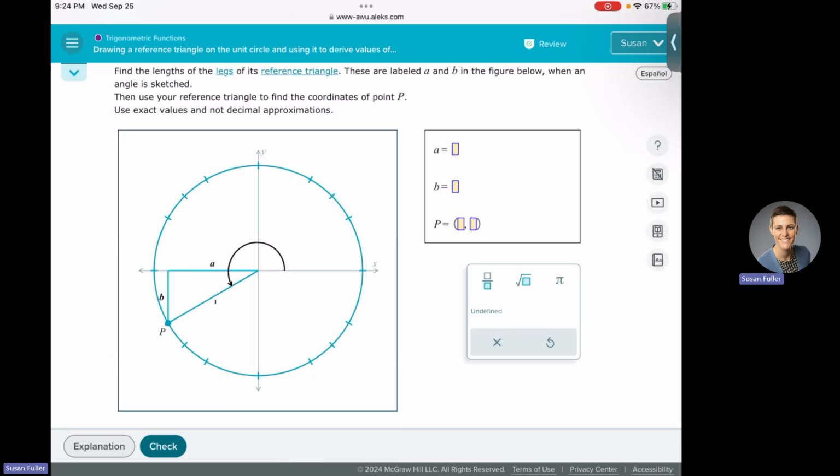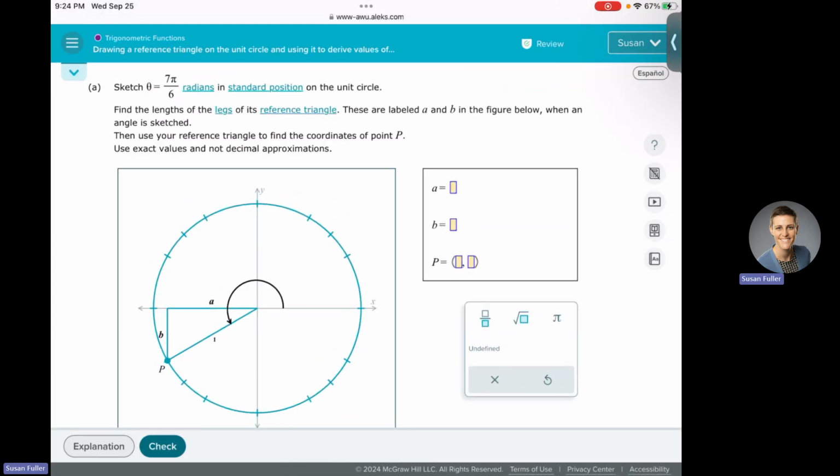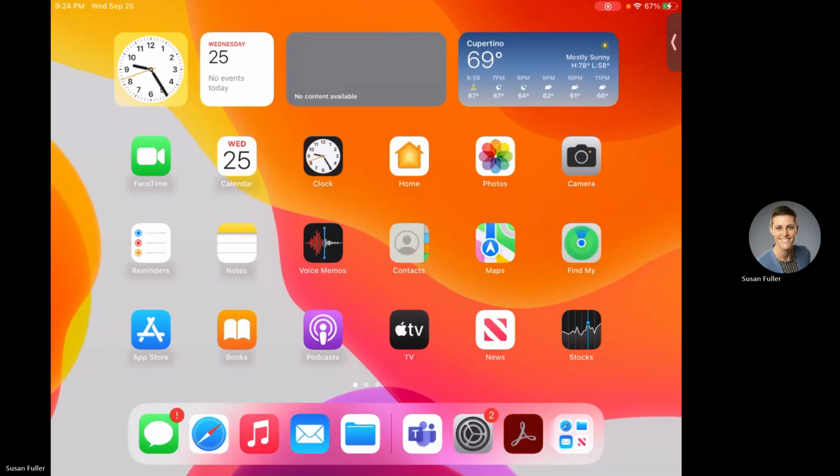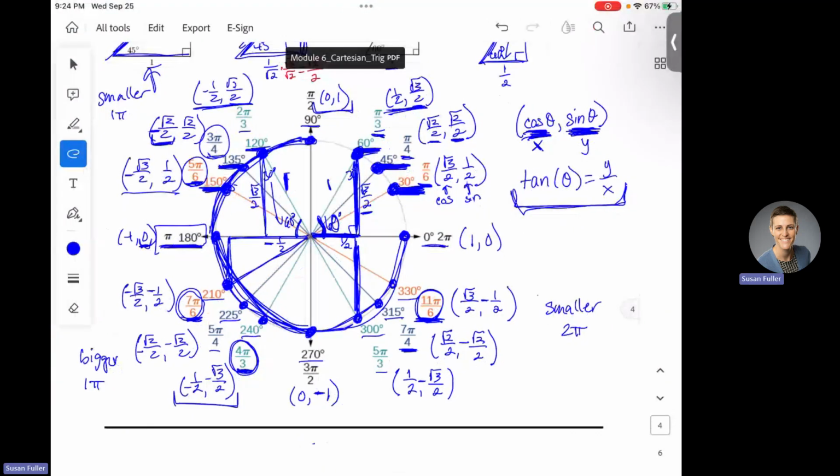Okay, so here is my 7 pi over 6 in standard position. It's a little bit bigger than 1 pi, and it wants me to find the legs of my reference triangle. 7 pi over 6 is right here. There's my reference triangle, and this right here is a 30-degree angle.